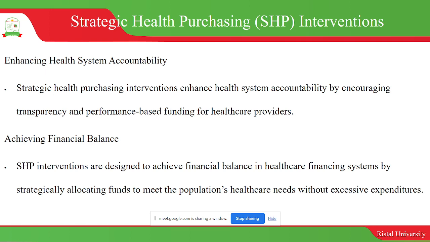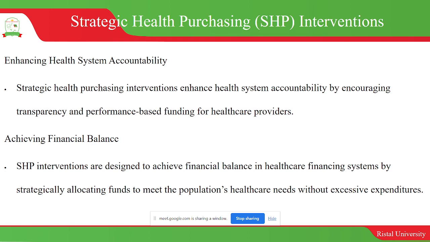There should be ways in which transparency is encouraged, and the funding is based on performance. So that means reporting is very important. Having information systems is very important to promote health system accountability.